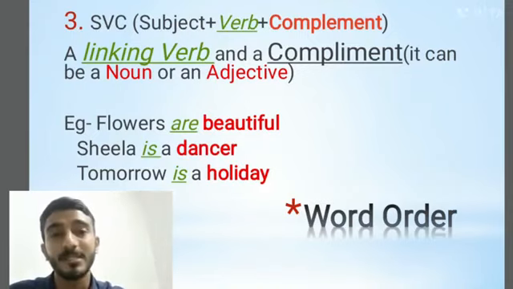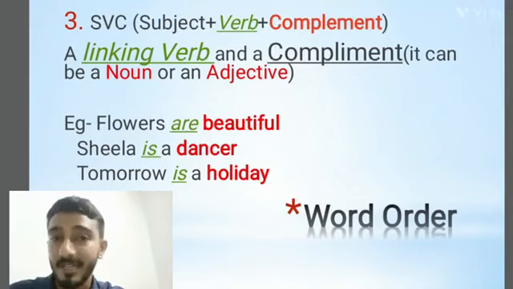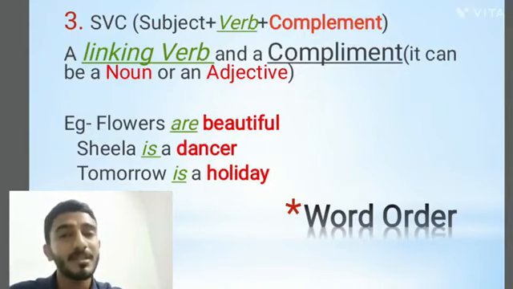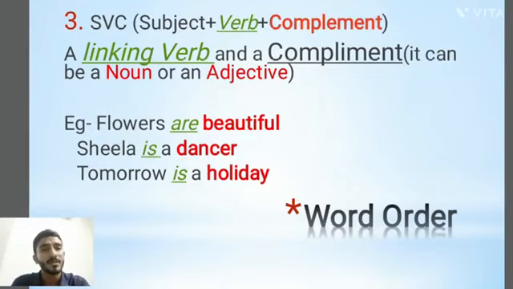So let's understand the SVC pattern by analyzing the second example, that is, Sheila is a dancer. In the above example, beautiful turns out to be the complement, and beautiful is an adjective. I hope all of you know what an adjective is.